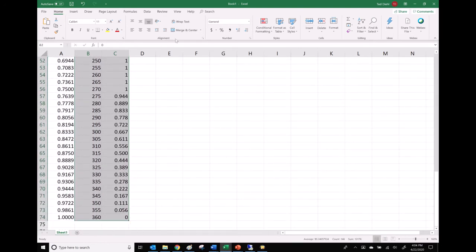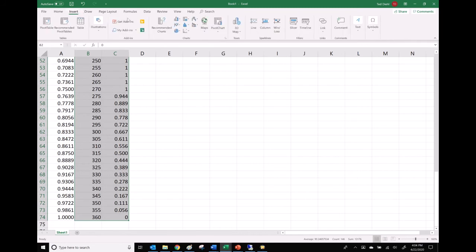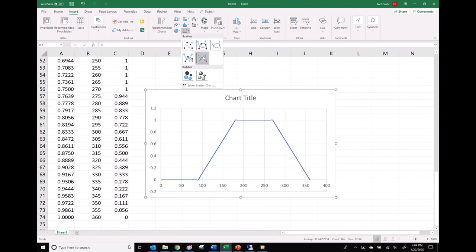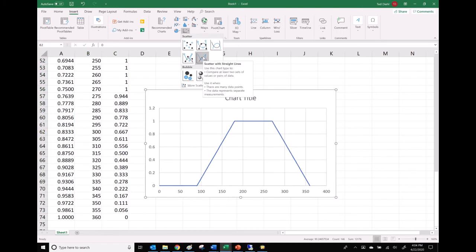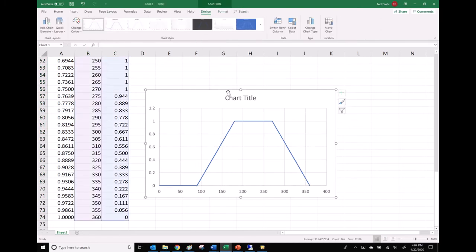And I want to insert a scatter plot with straight lines. I don't quite like that, but I guess I'll do it with straight lines. Yeah. Okay.